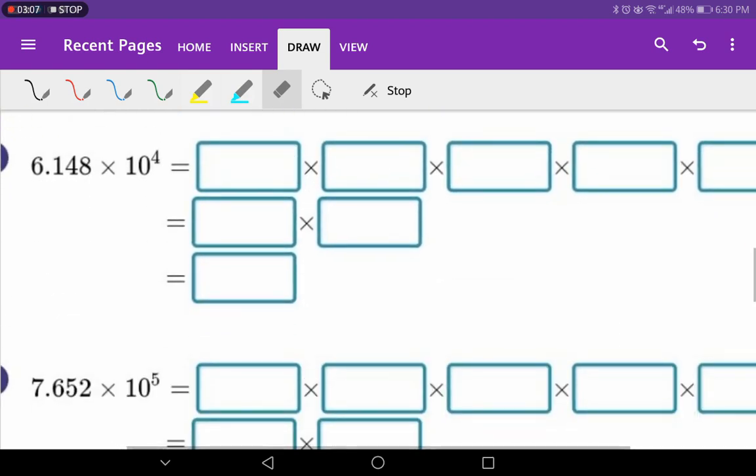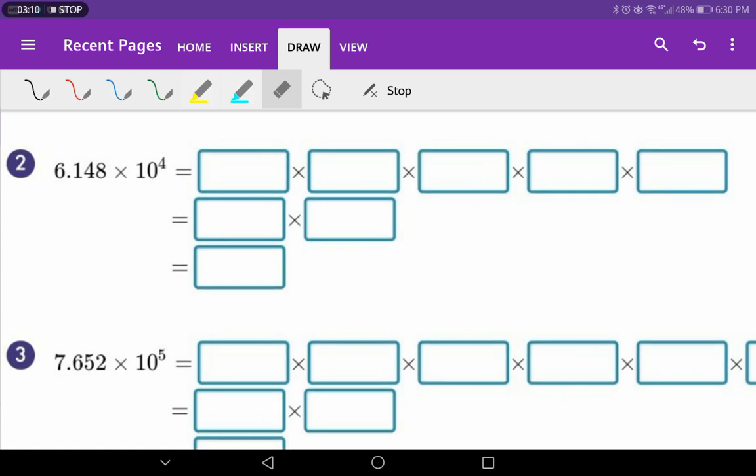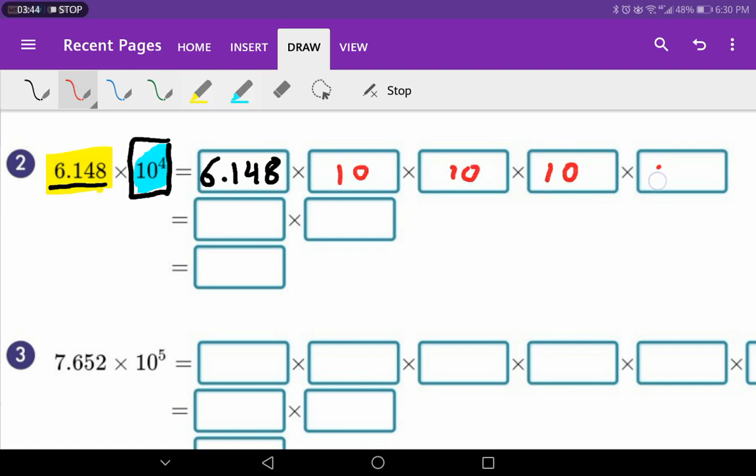Let us move here. I have this number multiplied by 10 with power 4. The first step, regarding this book, I will write 6.148, the number itself, and then 10 multiplied by 10 multiplied by 10 multiplied by 10.